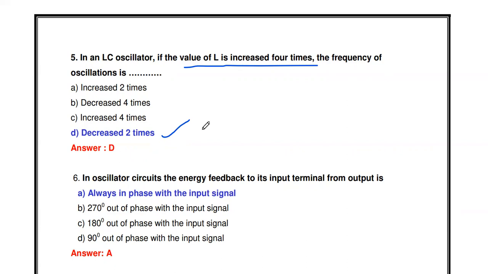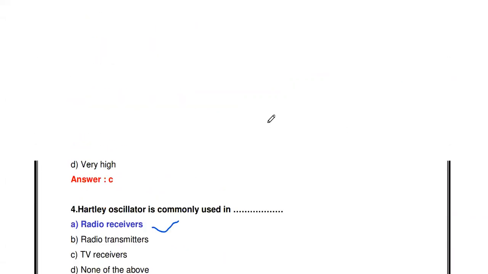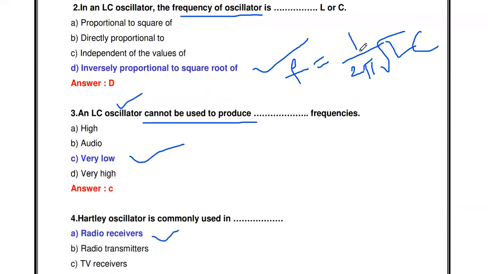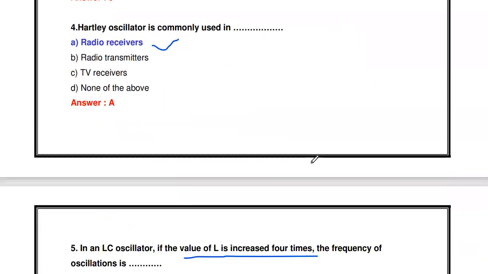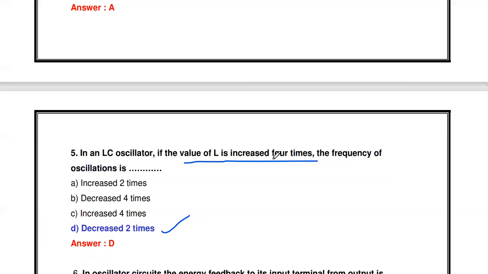So you see the formula, what is the frequency of oscillation? f is equal to 1 by 2 pi square root of LC. Here they are mentioning the inductor value is increased 4 times. So the frequency f is equal to 1 by 2 pi, the inductor value L is increased 4 times, so 4L, so 4LC.